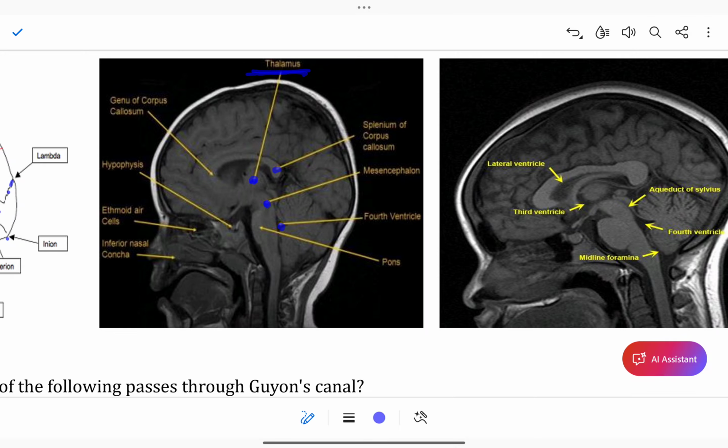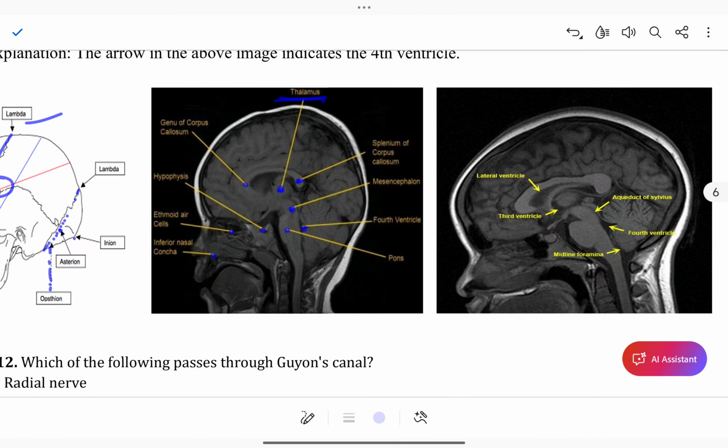Fourth ventricle. This is pons. Ethmoid air cells. Inferior nasal concha. Hypophysis. Genu of the corpus callosum. This is the genu of the corpus callosum. This is the splenium of the corpus callosum.